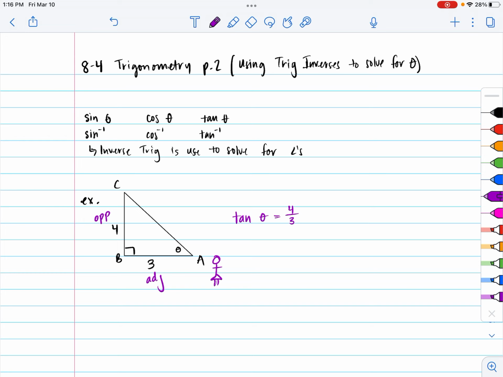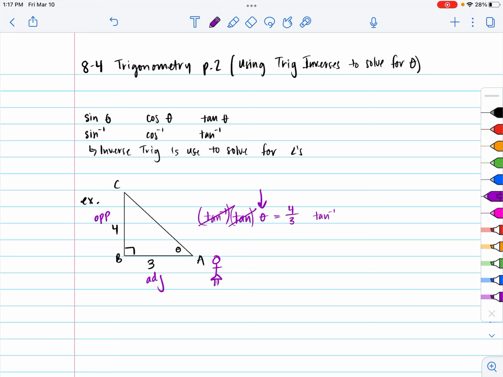So how do you solve? How do you get the theta by itself? That's where the inverse trig function works. So what you do here is you actually multiply both sides by inverse tangent. And tangent and inverse tangent actually cancel each other out. The trick though is anything you do to one side, you have to do to the other.